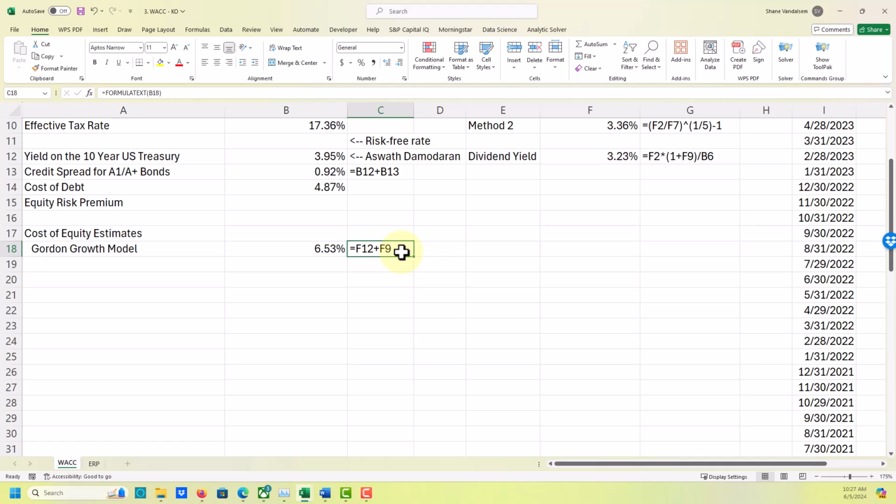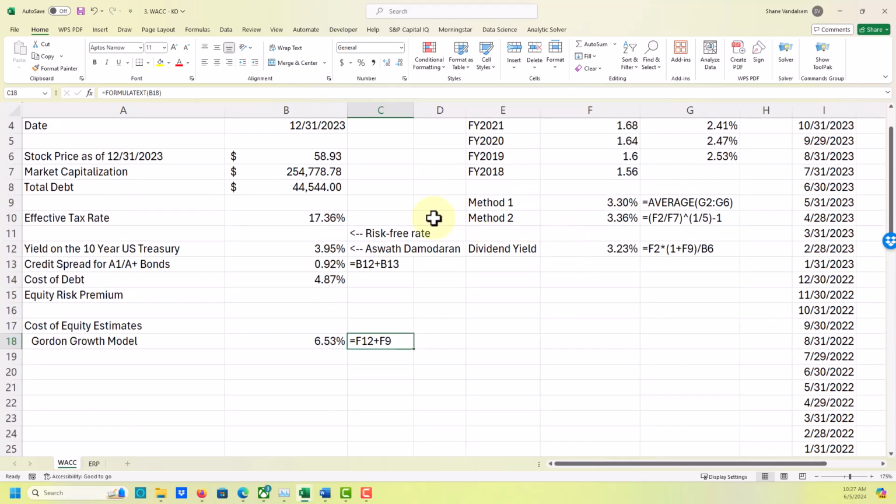There are other growth rates we can use other than that 3% that we talked about before, or that 3.3%, because we could possibly say that the stock price of Coca Cola is going to grow faster than that 3.5%. Because that's what we're saying right now, that is that it's going to grow at 3.5%. If we use that 3.36%, let me just show you what that would look like here.